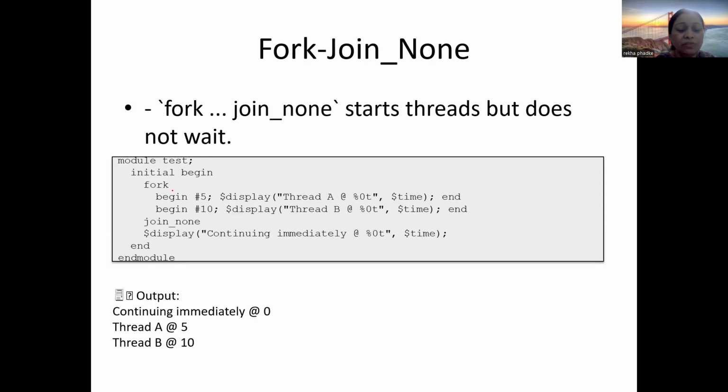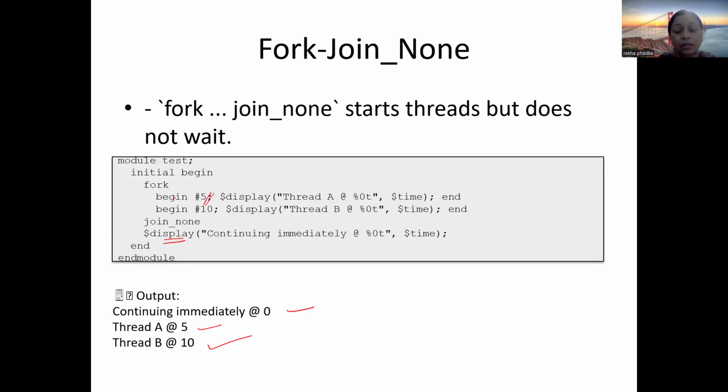So they all simultaneously get executed, okay? So the first statement inside the fork happens at #5. So which gets executed first? They all concurrently execute. So this gets executed first at the earliest because there is no delay here. So continuing immediately at 0 gets executed first. Then thread A gets executed at 5, then thread B at 10, because they all are independently executing.